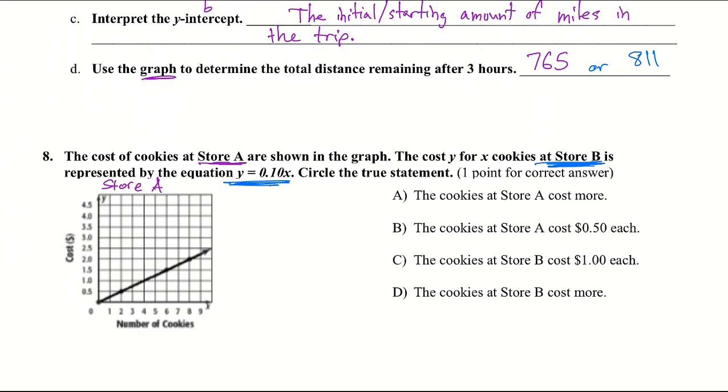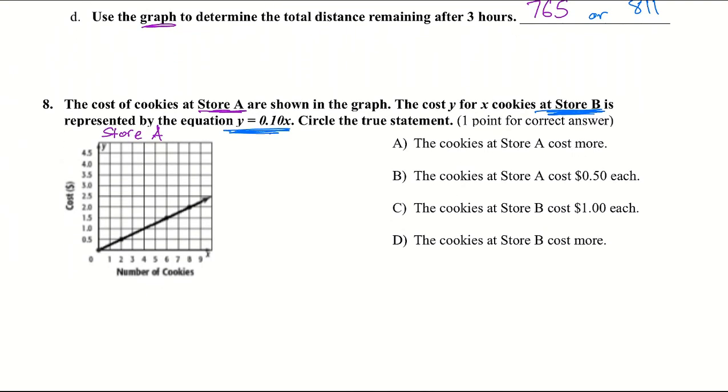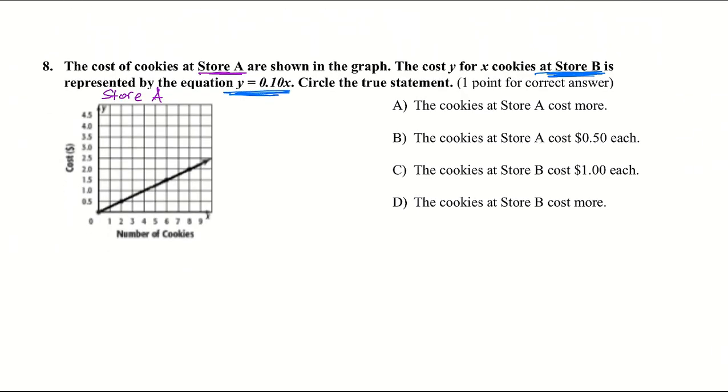What I saw some students do earlier today is a comparison thing. It is multiple choice, but you do have to know what you're talking about. So for store A's information, we'll get there in a second. Store B is already kind of set up.